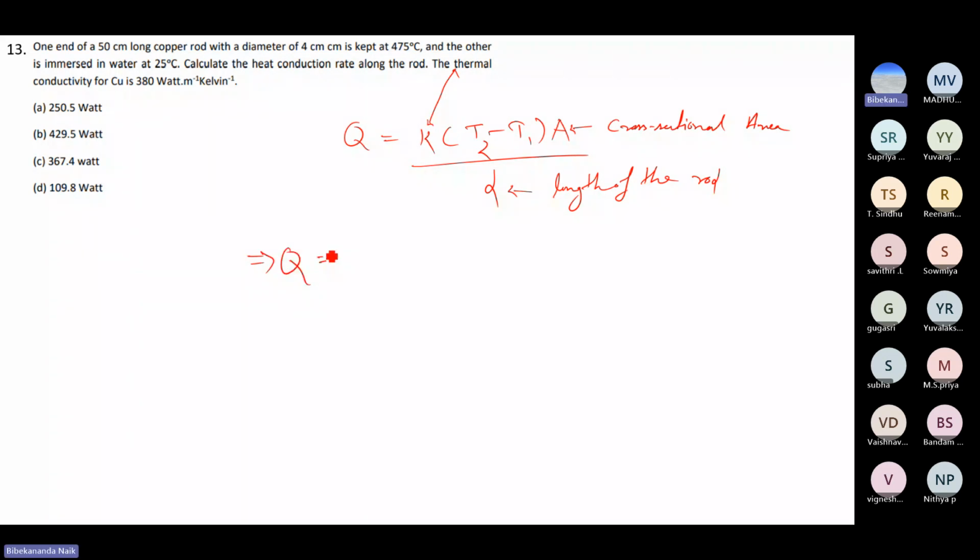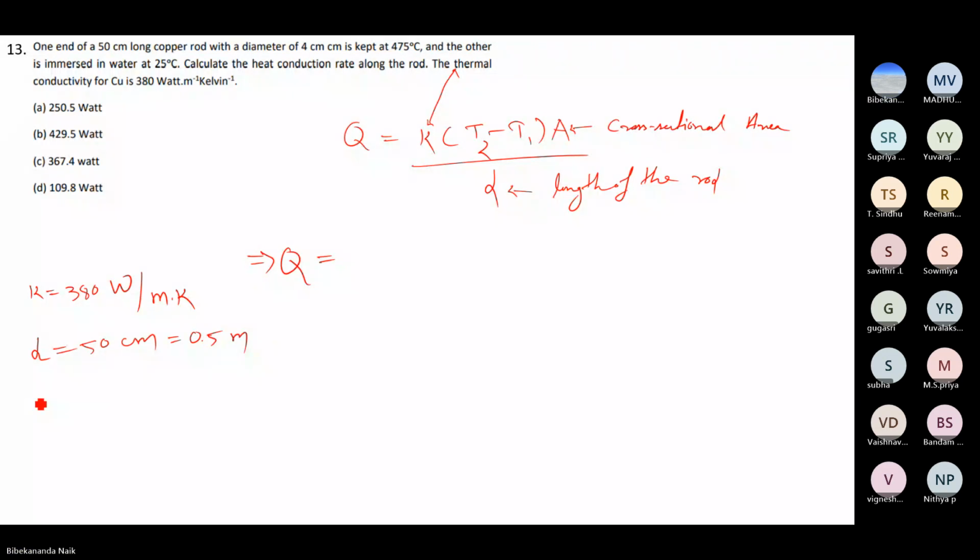In the problem, K is given as 380 watt per meter Kelvin. D is 50 centimeter or 0.5 meter.